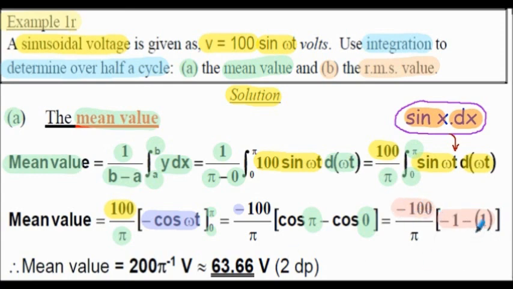Two negatives make a positive, so we end up with +200 divided by pi, and I've written that as 200 pi to the power of -1, and that's volts. And that's approximately equal to 63.66 volts to 2 decimal places. So there's the mean value of the waveform calculated for half of a cycle for example 1r.